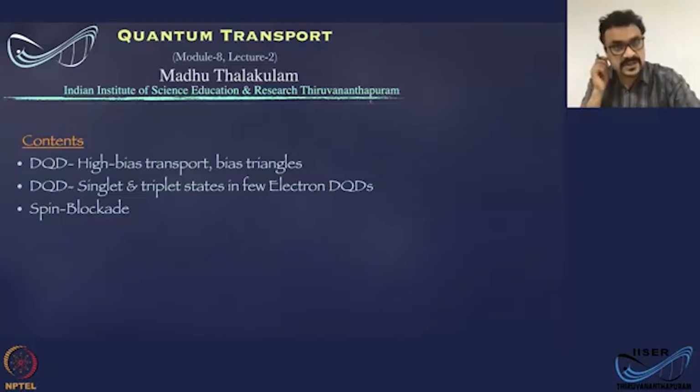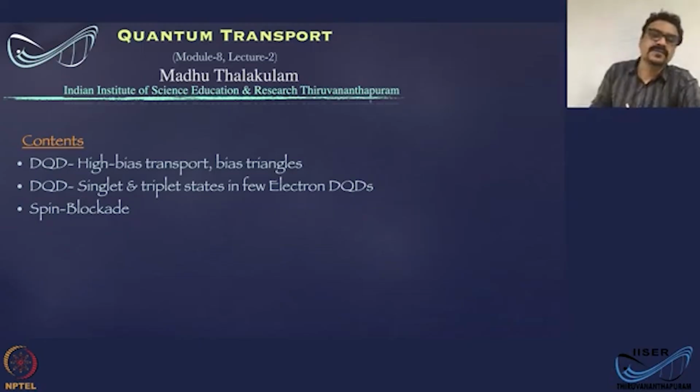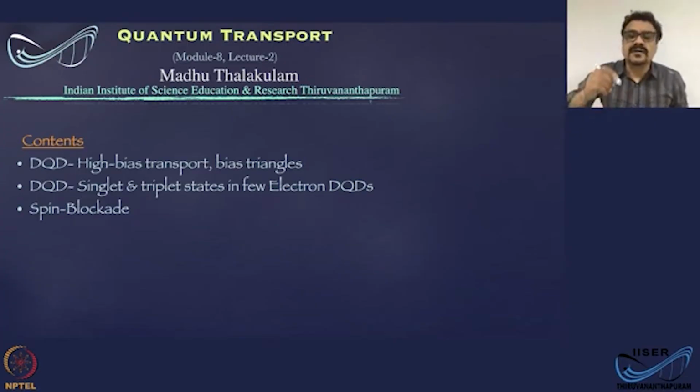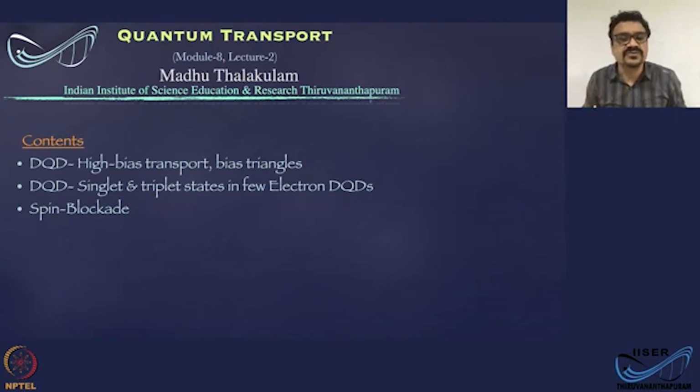In the previous lecture, we discussed transport through a double quantum dot in the low bias regime, and what we saw was, in the gate voltage space VG1 and VG2, those are the gate voltages for dot 1 and dot 2 respectively, there are hexagonally arranged points where the current is non-zero.